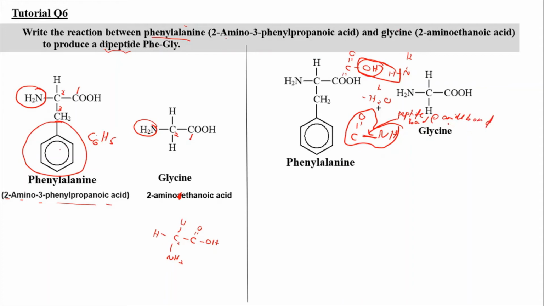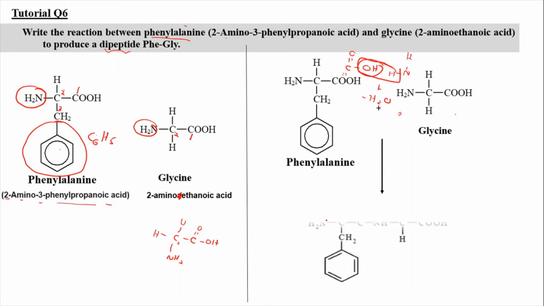Okay, so the reaction of the two amino acids here is going to produce a structure like this, where the C double bond O and the NH are formed, which shows that this is a class of amide. And then the bond here that connects C double bond O and NH of the other amino acid is known as the peptide bond.